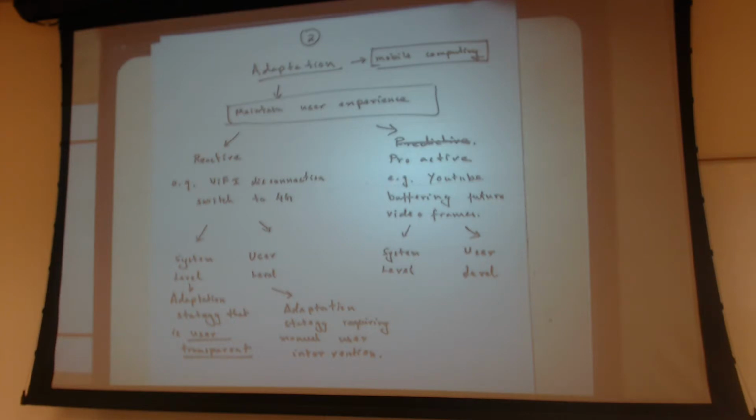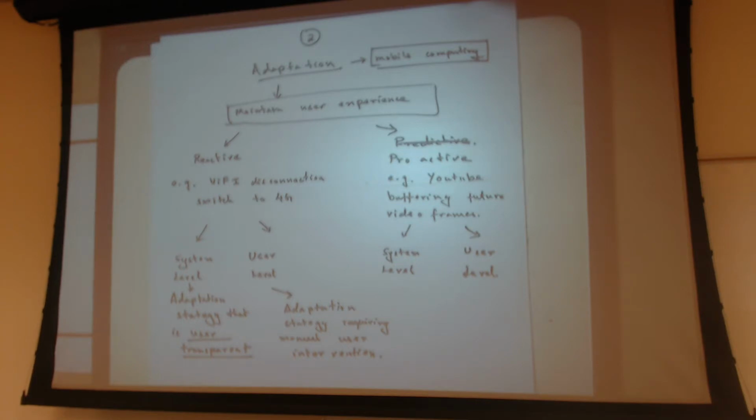What is an example of user level proactive adaptation? The battery is getting too low, so the phone predicts that in 5 minutes your battery will be zero and the phone will shut down.